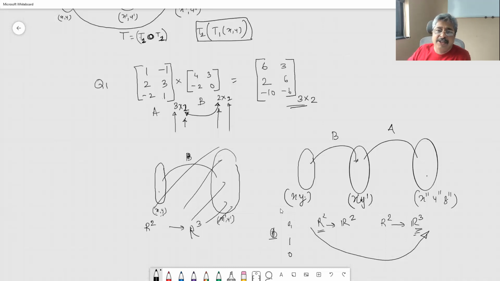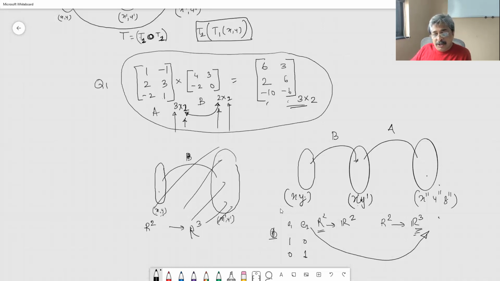Its transformation takes place at 6, 2, minus 10 as far as the codomain is concerned. And the second standard unit vector, which is E2, which we call J, looks like this. Its transformation is 3, 6, minus 6 in the final codomain. That is what this multiplication is all about.